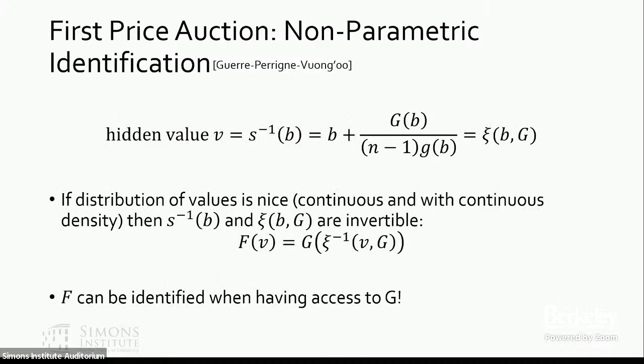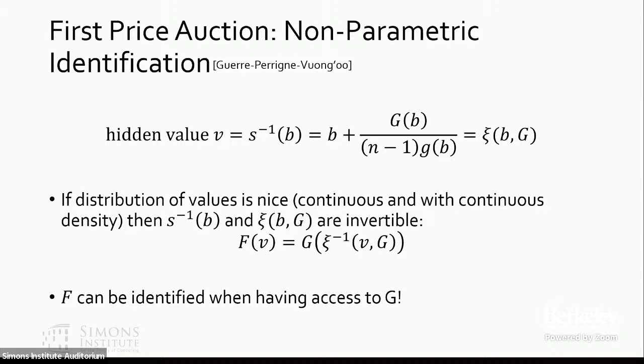So what does this say? It says that my value, the hidden value, which is the inverse of the equilibrium strategy for the bid that I observed, can be written in a unique manner as a function of the bid and the observed distributions. So these are the distributions that someone gives me. These are distributions of bids.